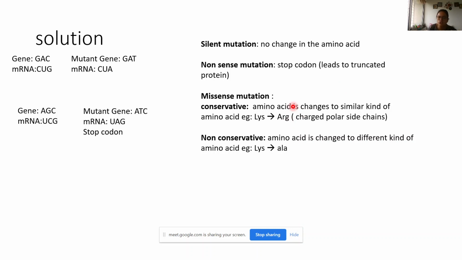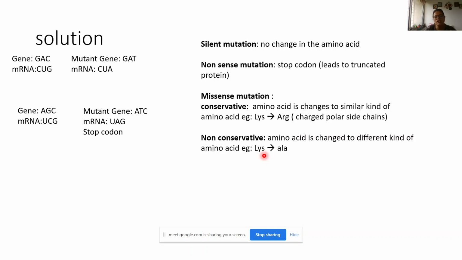But if you recall, lysine and arginine have similar physicochemical properties. Both have charged polar side chains. So the protein structure will not be that much affected. It will still be able to fold in a particular manner because of the similar properties.